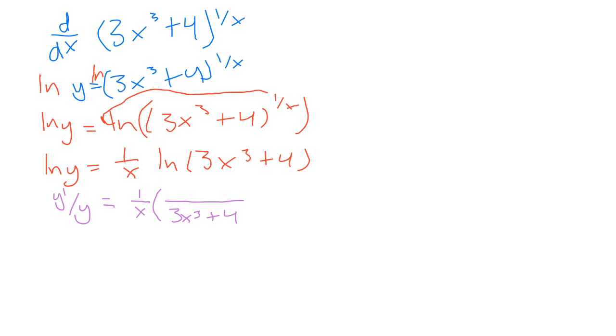The derivative of 3x cubed plus 4 is 9x squared. Plus the derivative of 1 over x, which is negative 1 over x squared, times our initial function, natural log of 3x cubed plus 4.